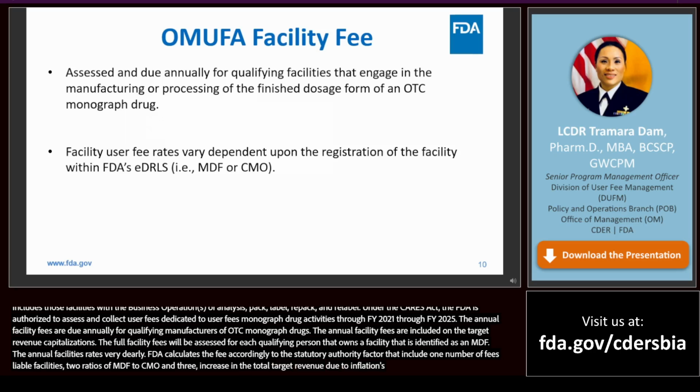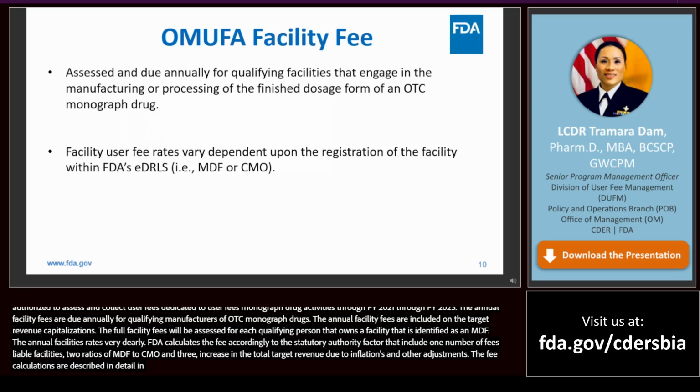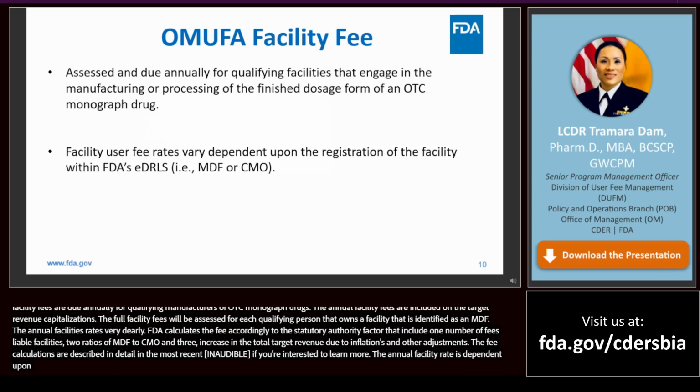The fee calculations are described in detail in the most recent FRN published on March 29, 2024, if you're interested to learn more. The annual facility fee rate is dependent on how the facility registers in the EDRLIS system.